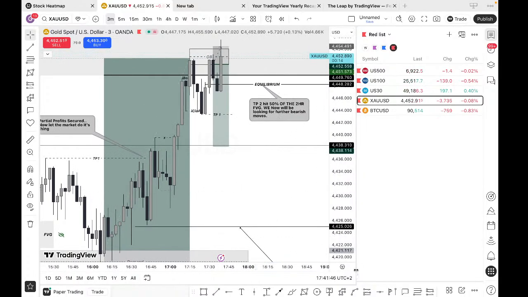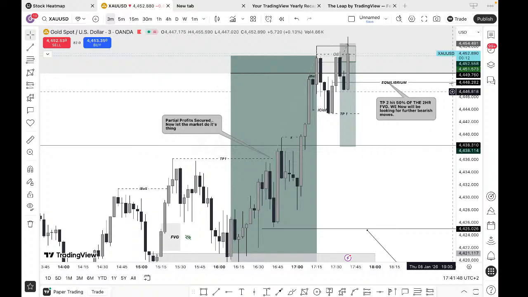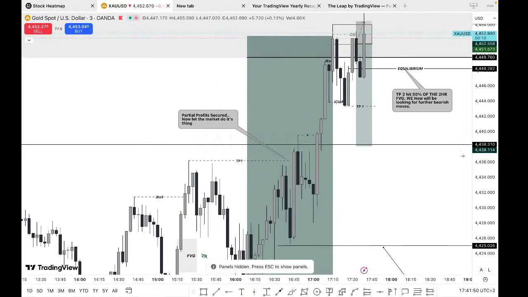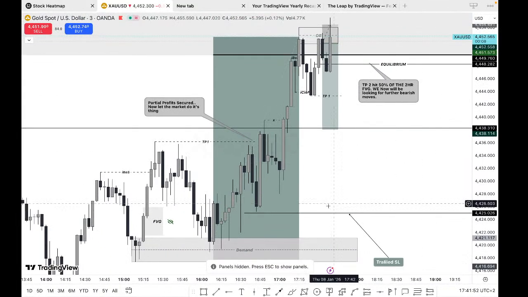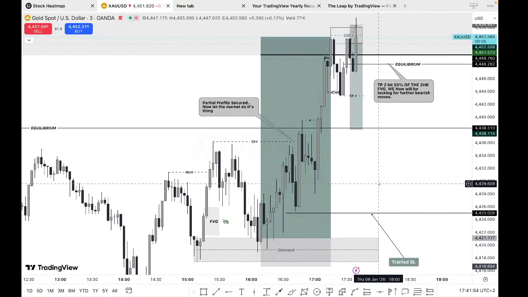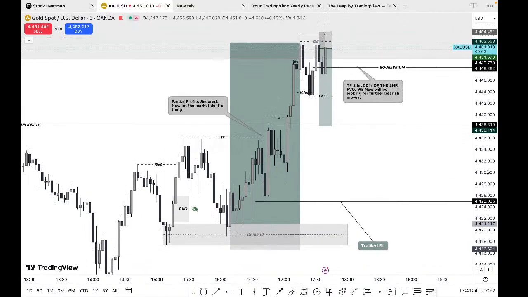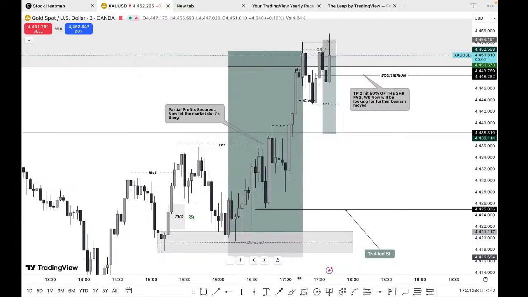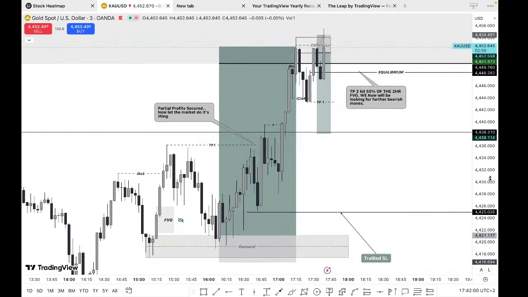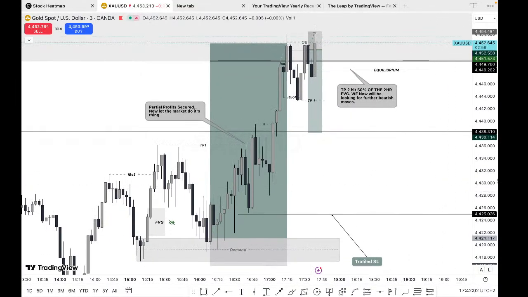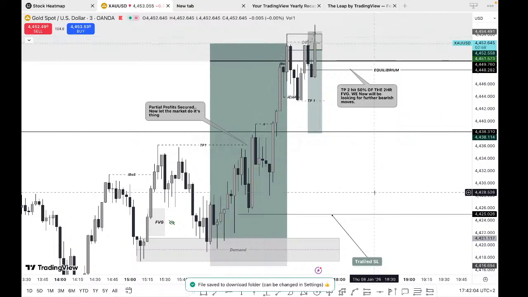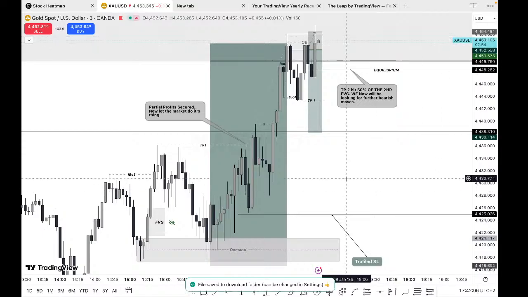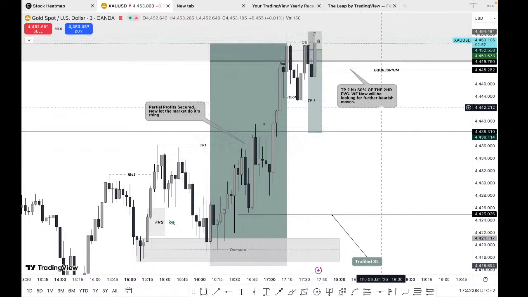Let me just take a screenshot so that I can journal. Give me like 2 minutes because I journal my trades. I got a change in order flow there. I'll journal later, it's fine.